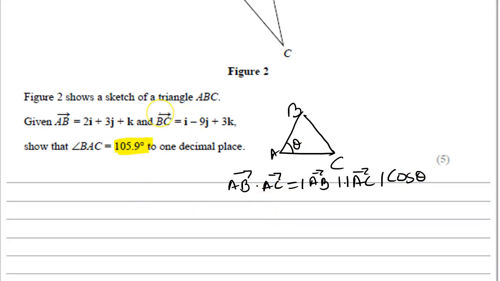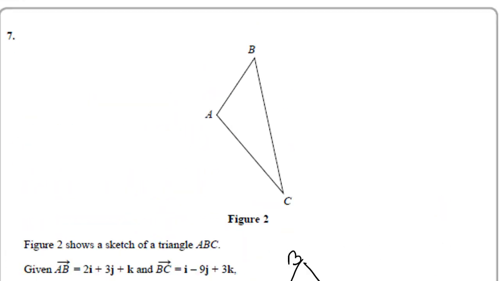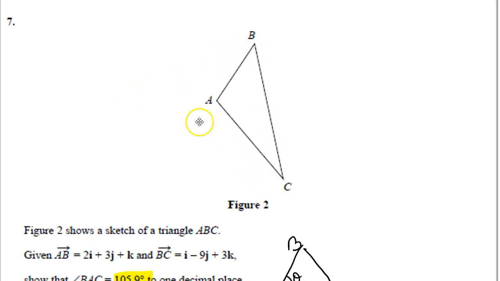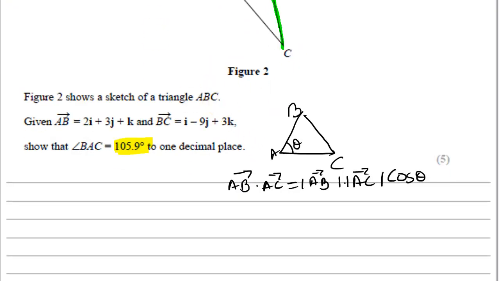So if we follow this shape, here if you see AB plus BC, we can write AC. So we are starting from here. It is AB plus BC, which gives AC. So let's write down AB plus BC gives AC. We can calculate.